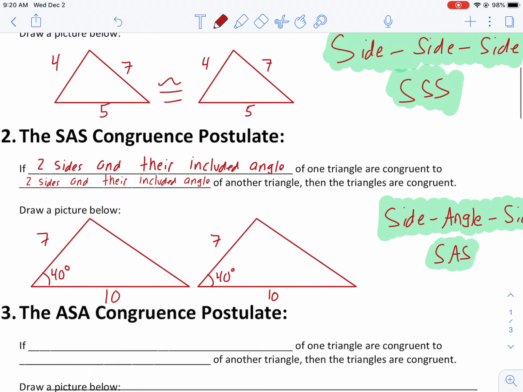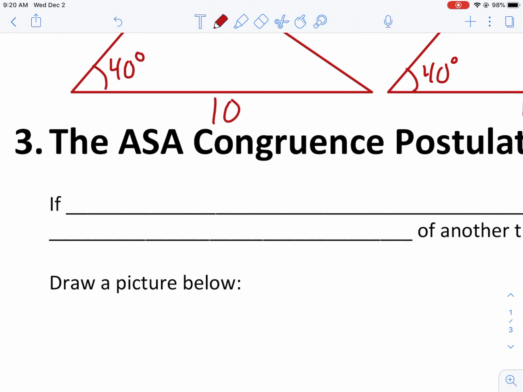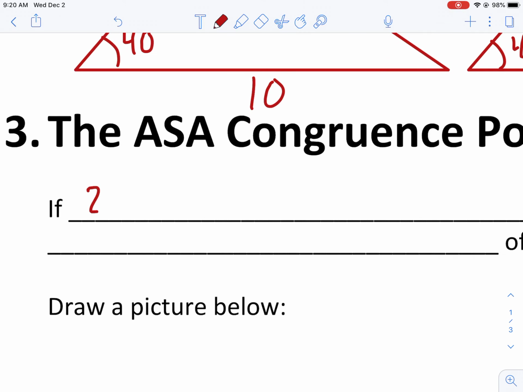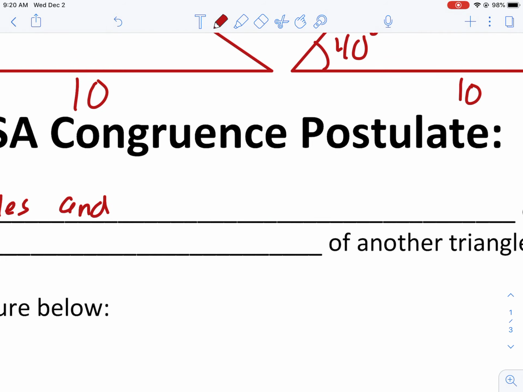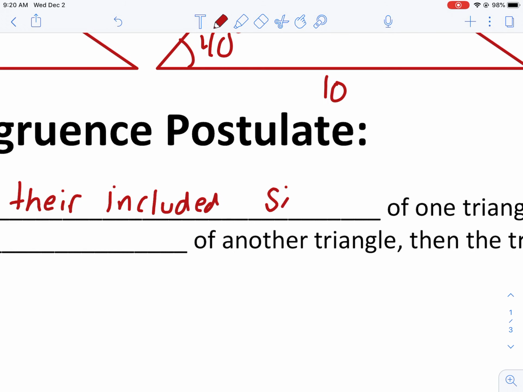Okay. The next one is ASA. So it's kind of the same. This is angle side angle. So it's if two angles and their included side. So this time the side has to be in between the two angles.